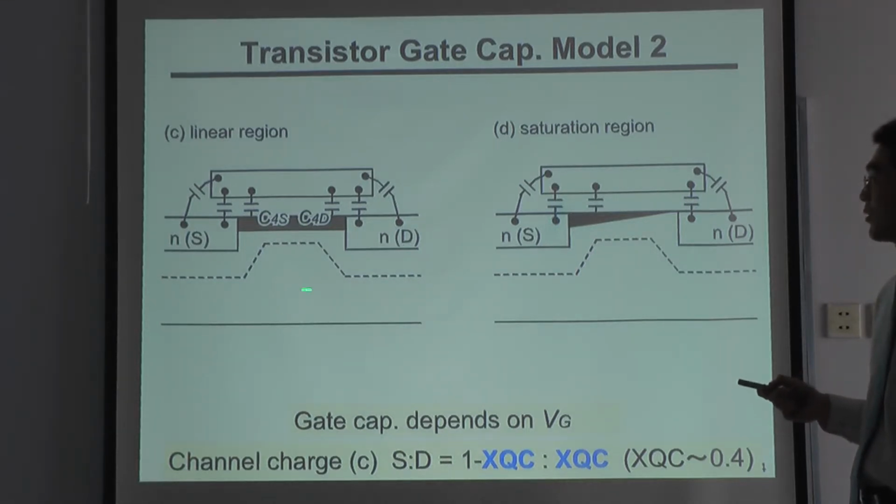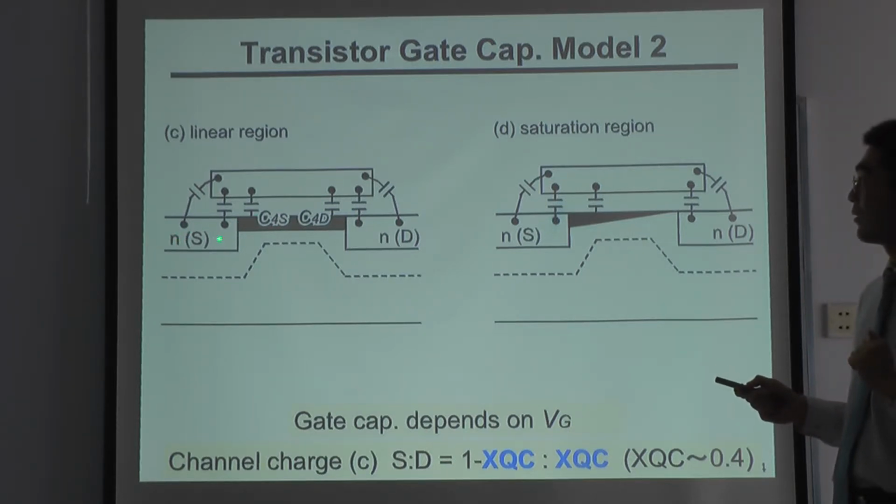This is a P area, and a P area can have electrons if we apply a very large positive bias, but it takes a long time, so usually this carrier comes from the source or drain side.